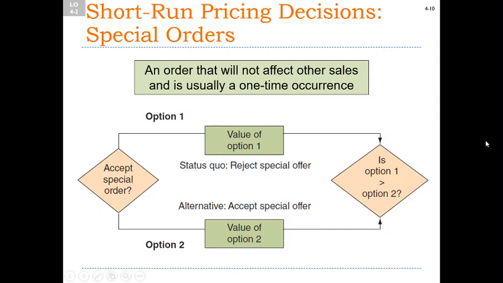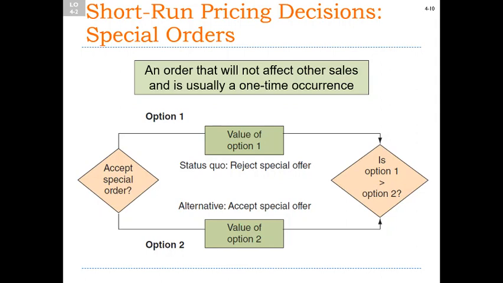So the question that you have to ask yourself when dealing with special orders is whether or not this affects other sales, or is it just a one-time occurrence? If it's a one-time occurrence, you might want to consider it.